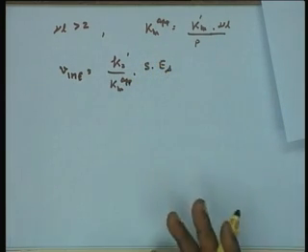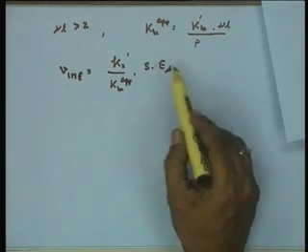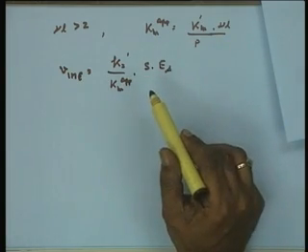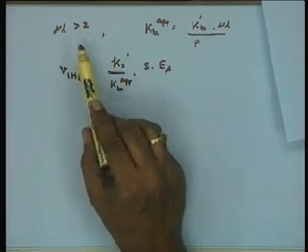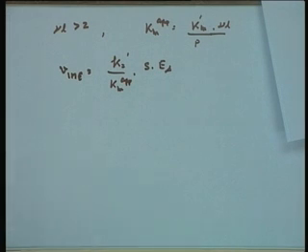That means again first order kinetics, we are talking of low substrate concentration, but where gamma L is greater than 2, that means the value of F is 1 upon gamma L.